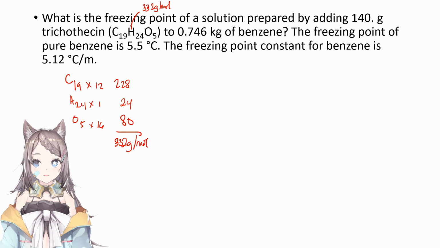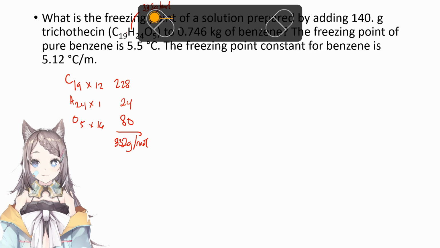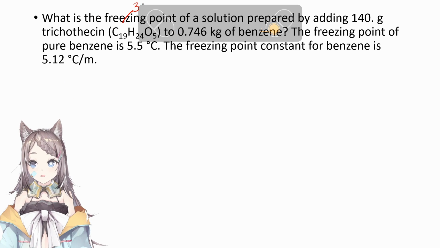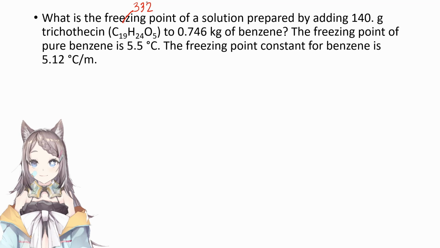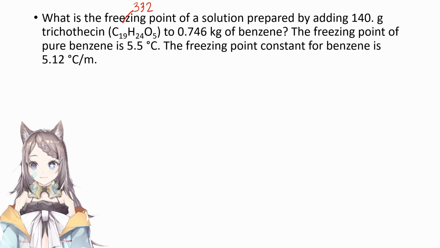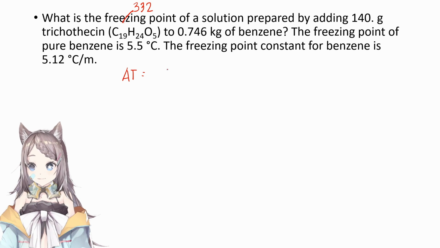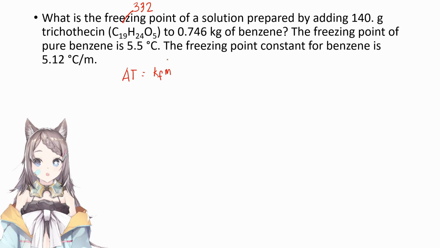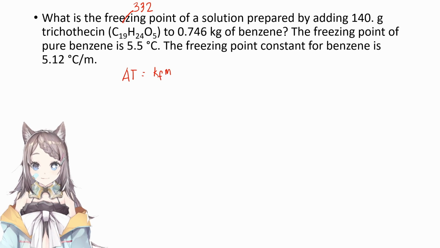I'm gonna erase the screen first. 332. Okay, so our formula for freezing point depression is change in freezing point or change in temperature equals Kf m, in which Kf is our freezing point constant.